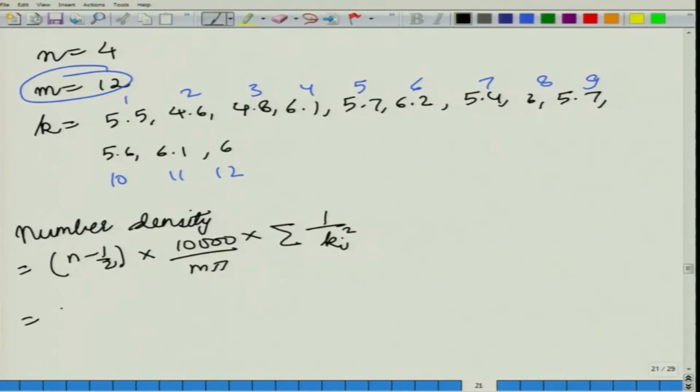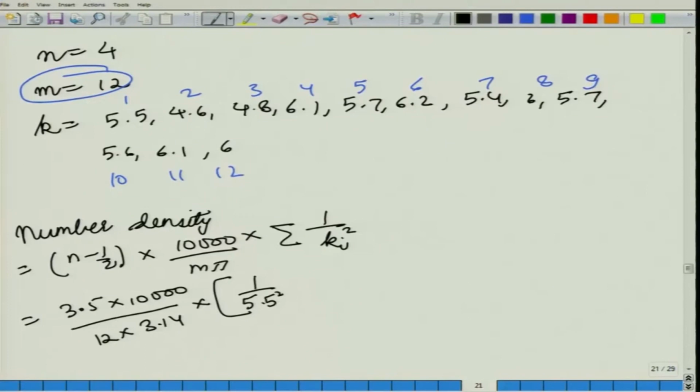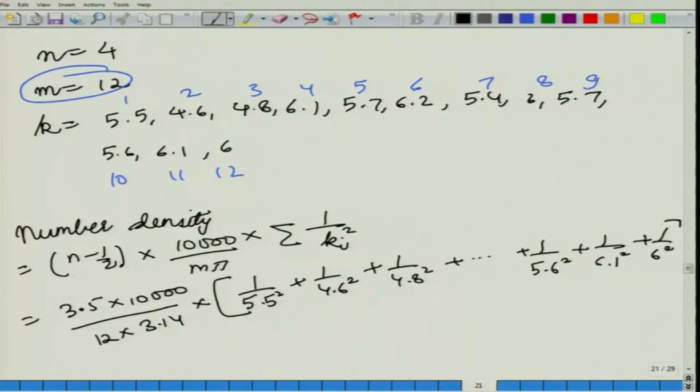So, 4 minus half is 3.5 into 10,000 divided by m, here 12, into 3.14, into 1 over 5.5 square plus 1 over 4.6 square plus 1 over 4.8 square plus so on till 1 over 5.6 square plus 1 over 6.1 square plus 1 over 6 square.